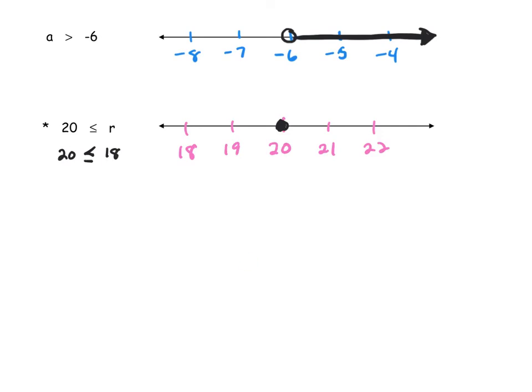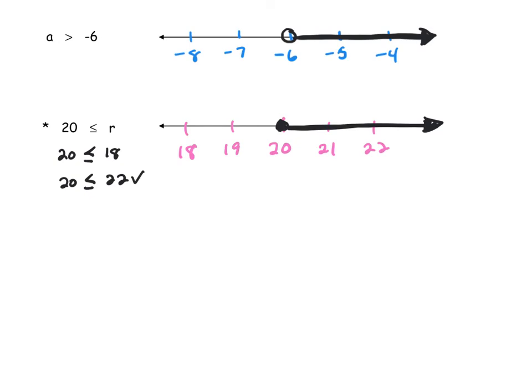Is that true? Is 20 less than 18? And that's not true. So that tells me that I have to graph the other side. So let's choose a number from the other side. 20 is less than or equal to 22. Is that true? And it is. So that's how I confirmed that this is the side of the graph I need to darken. And that's where all of my solutions are.